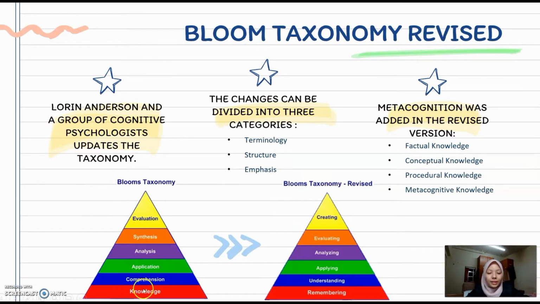We can see here the change of terminology from knowledge to remembering. It is important to note the change from nouns to verbs to describe the different levels of the taxonomy. Since the word knowledge inaccurately described a category of thinking, it was replaced with the verb remembering.